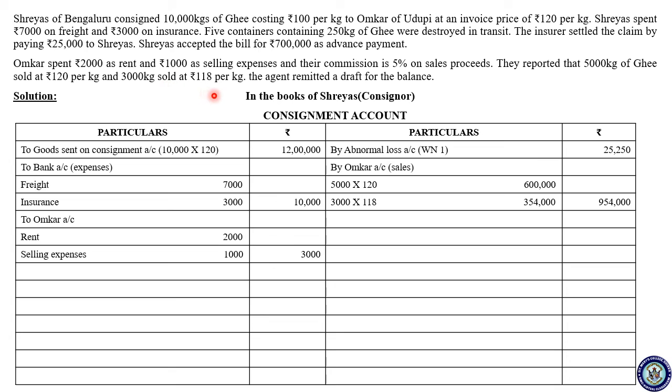Then 3,000 kg at 118. So 3,000 into 118 is 3,54,000. Total 9,54,000.